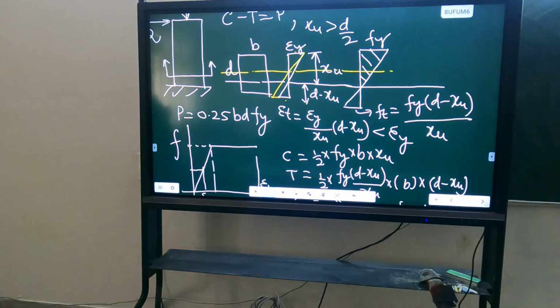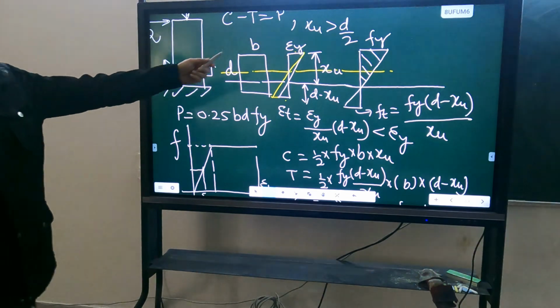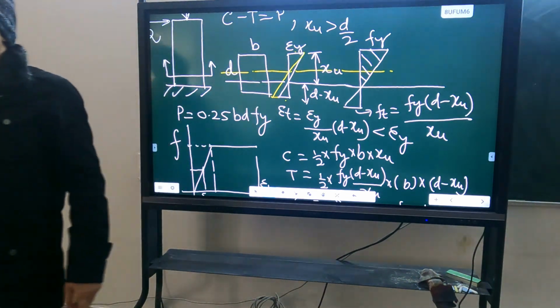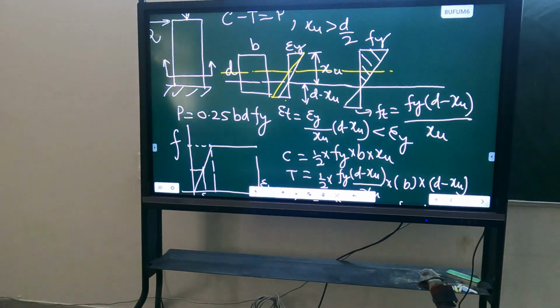So the material on the tension side is not fully utilized. In case of concrete it was not like that, because tension capacity anyhow is very less, so that was already more than fully utilized. There it was helping, here it is not helping. Rather it is causing underutilization of our material. If the strength in compression and tension is the same, then axial force is not helping.